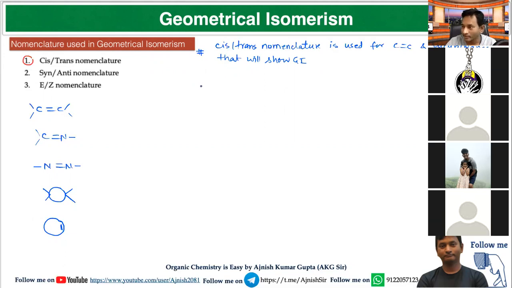Look for this. If two same groups, like here CH3, here CH3. Look for this also. Here CH3 and here ethyl are different, but here H and here H are same. So if two same groups, may be CH3, you can also think for H, H also, are on the same side of the restricted bond.